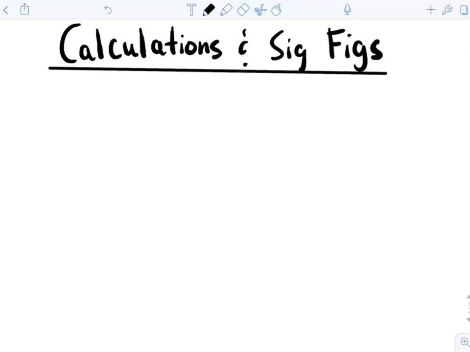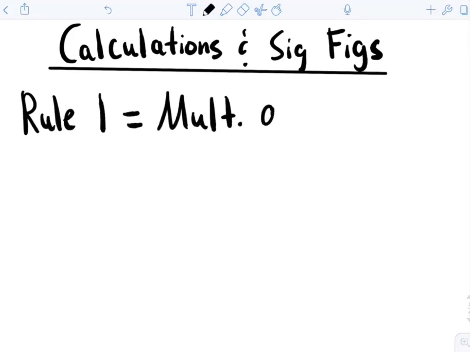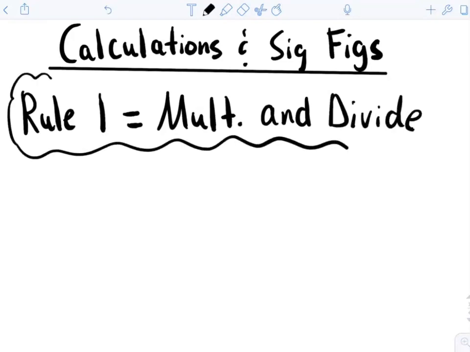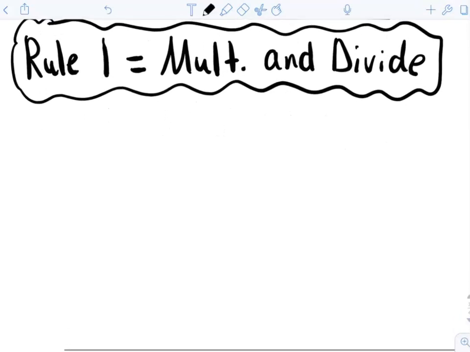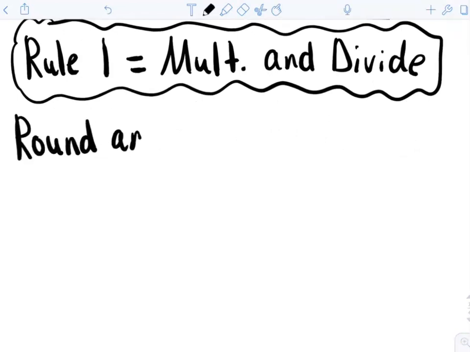So when we're doing calculations, our first rule is going to be for multiplying and dividing. And that rule states that we have to round, there's that rounding, our answer.